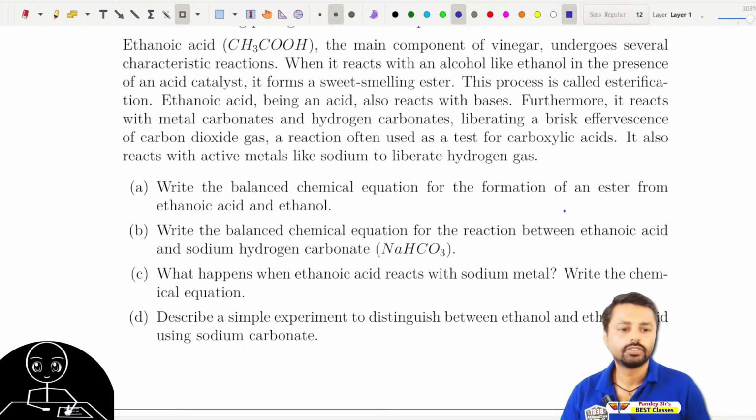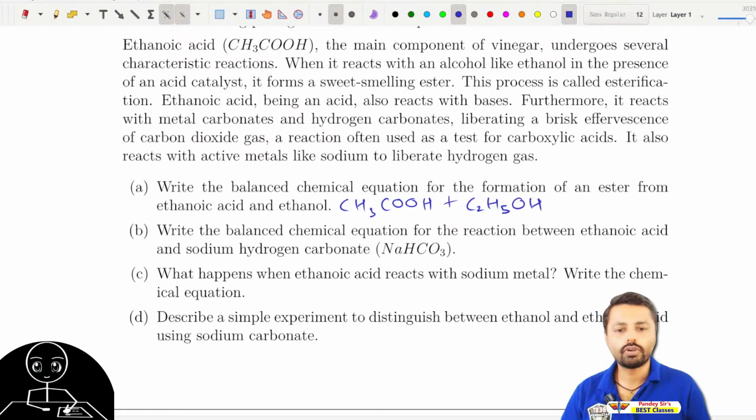Keep in mind, CH3COOH, ethanoic acid, and ethanol, C2H5OH.